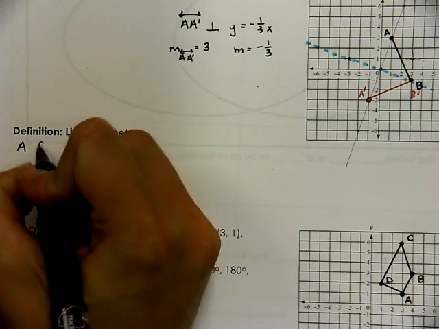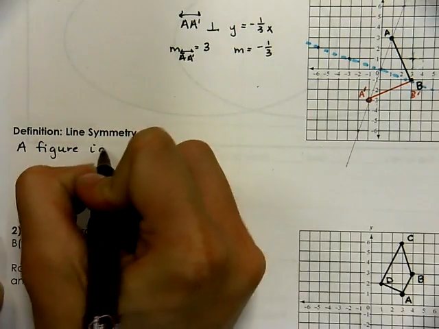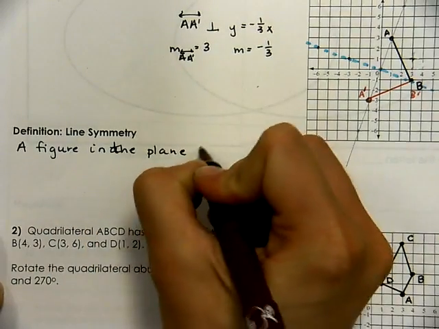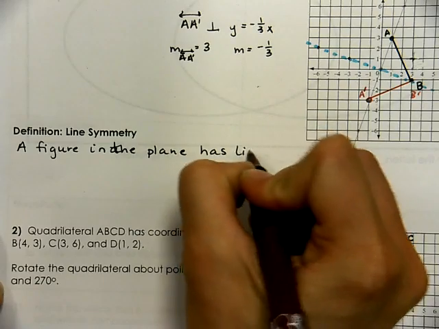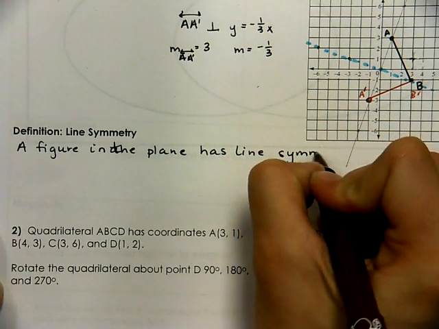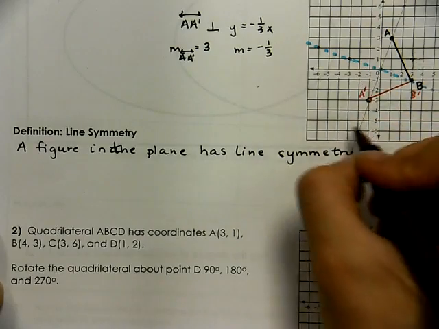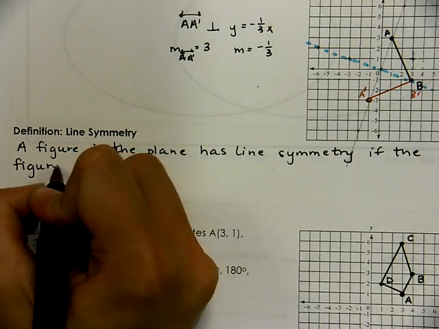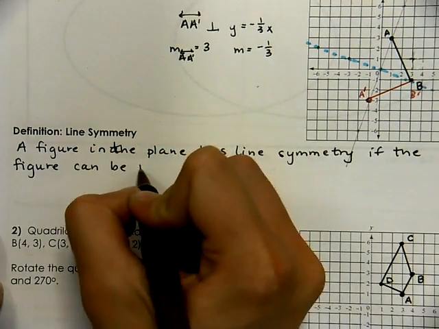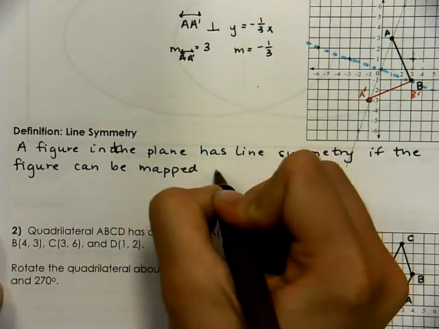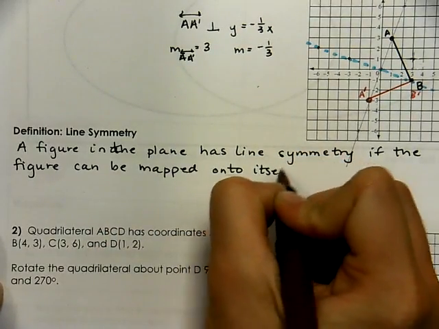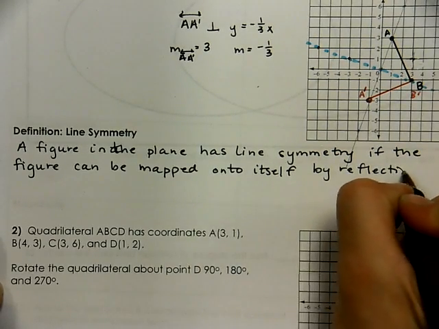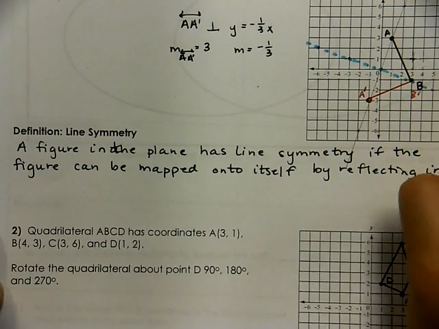A figure in the plane has line symmetry if the figure can be mapped onto itself by reflecting in a line.